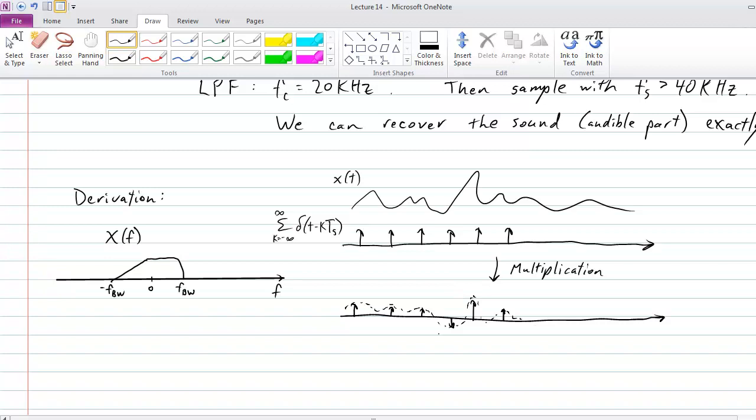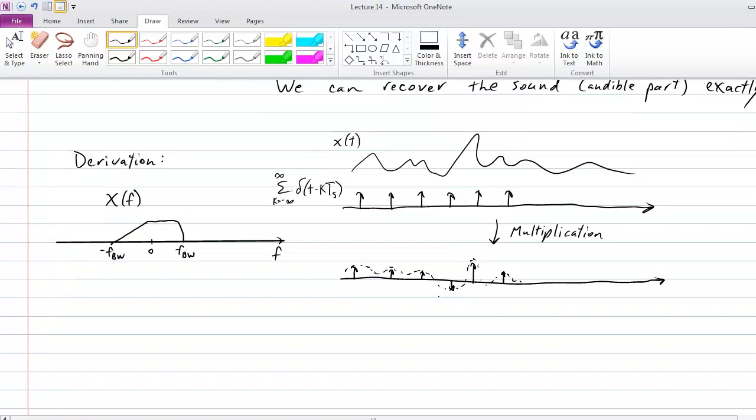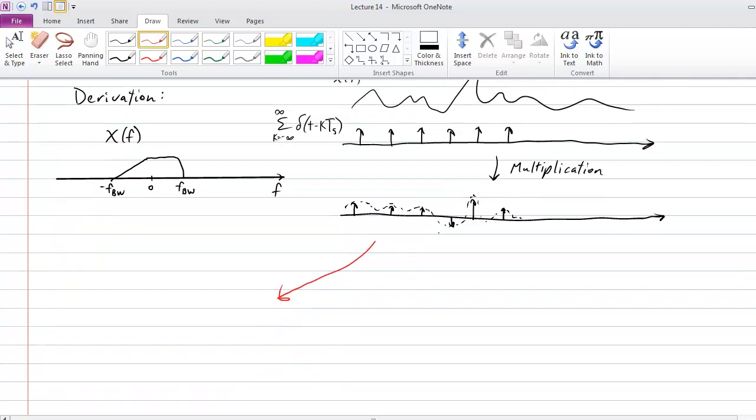And now that we have this way of interpreting sampling, we know by the multiplication rule that in frequency, this goes to a convolution between the original spectrum and the Fourier transform of that function. We derived what the Fourier transform of this delta train is.